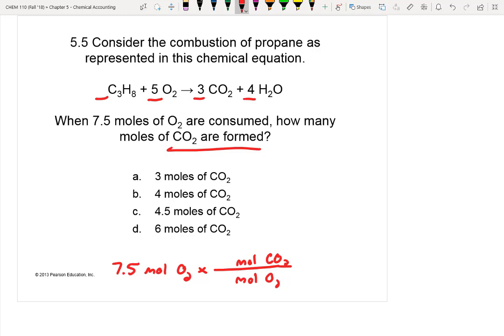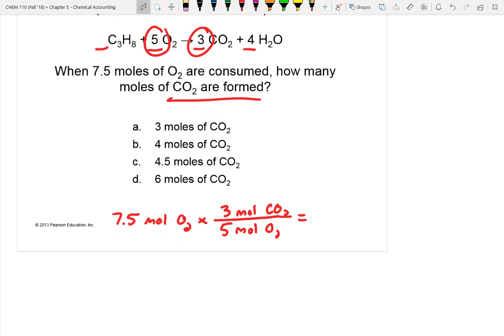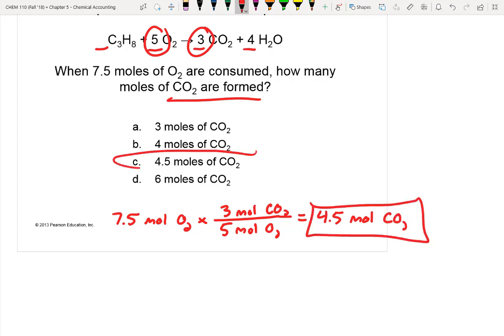Looks like we have 3 moles of CO2 for every 5 moles of oxygen consumed, so it's a 3:5 ratio. And if we plug this in, I'm getting 4.5 moles of CO2. So we can go ahead and circle C as our correct answer there.